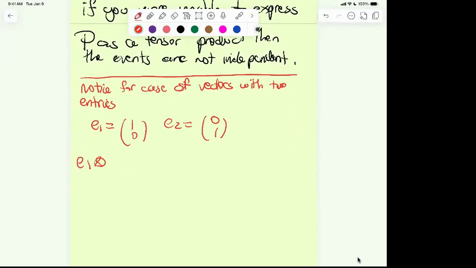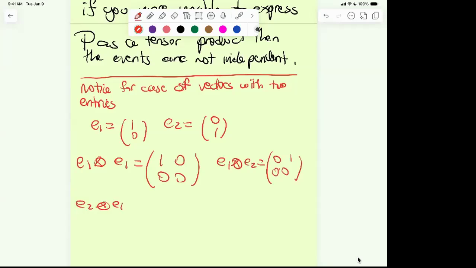It's not too bad to check explicitly. E1 tensor E1 gives you 1, 0, 0, 0. E1 tensor E2 gives you 0, 1, 0, 0. E2 tensor E1 gives you 0, 0, 1, 0, and E2 tensor E2 gives you 0, 0, 0, 1.